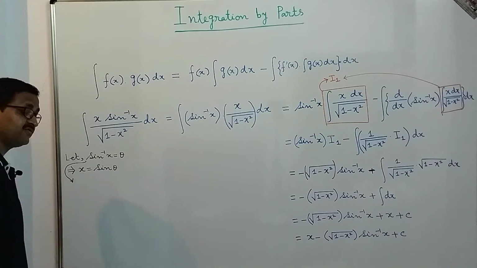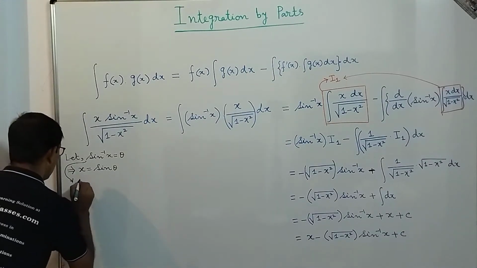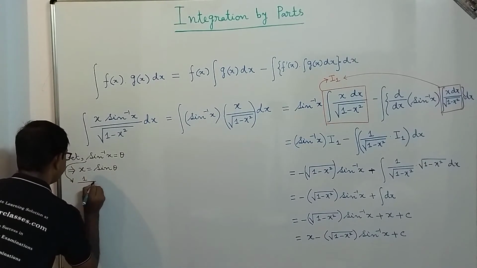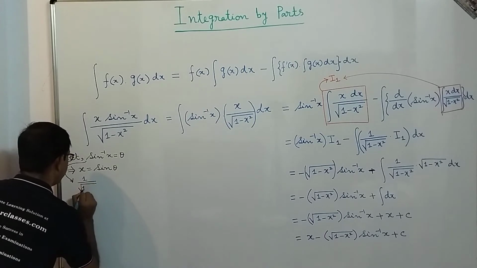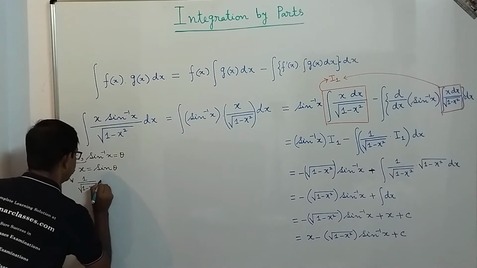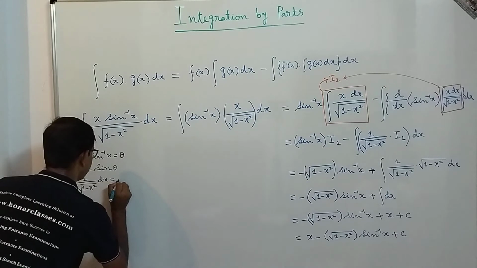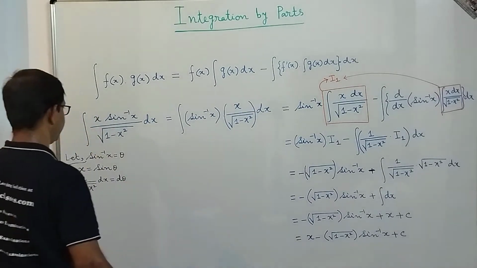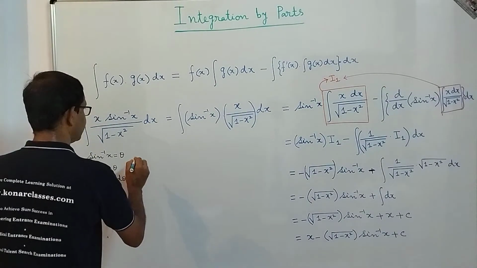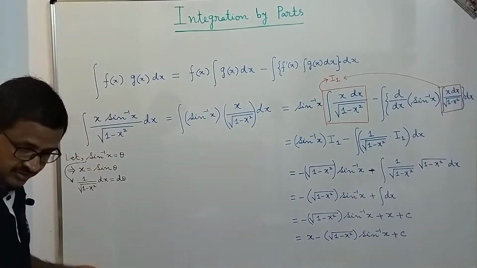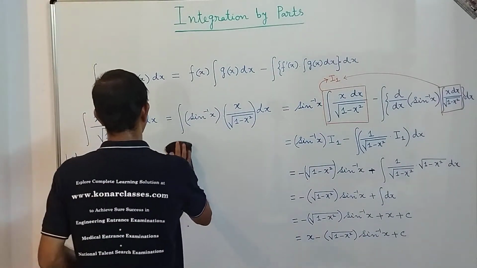What is the differentiation of sine inverse x? 1 by square root of 1 minus x square into dx, that is equal to d theta. Now let us place all these values here. Let me clean this portion.